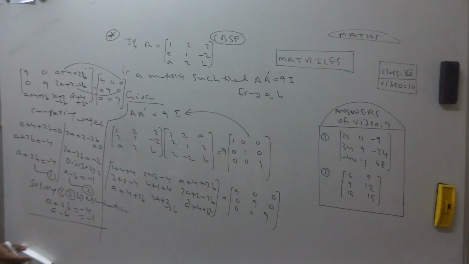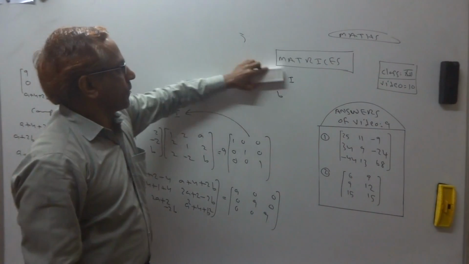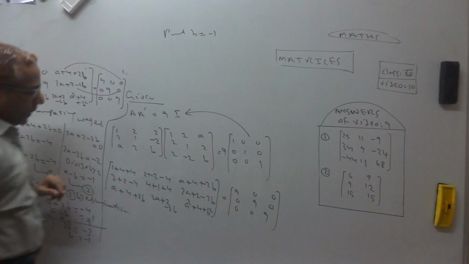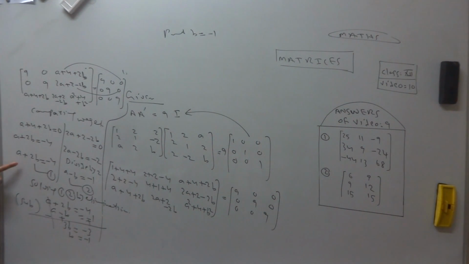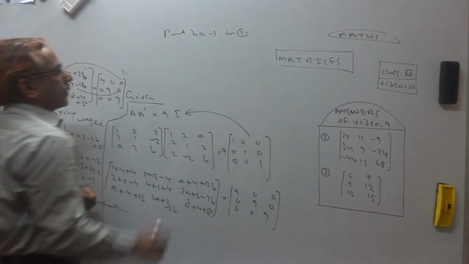So what I am doing is subtracting. Minus, plus, plus. You know, it was there in 10th class. 2B plus B is 3B. Minus 4 plus 1 is minus 3. B is minus 1. Put B is equal to minus 1 in the first equation.